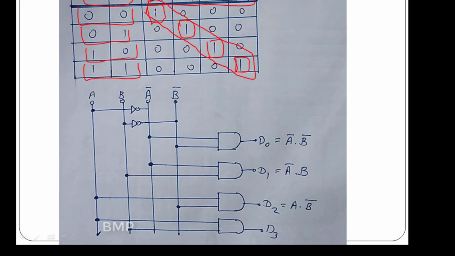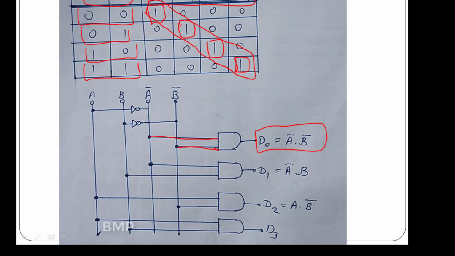Based on this truth table, we can write the logical equations. For the first instance, D0, the logical equation will be A bar dot B bar, as both the inputs are 0. So D0 is connected to A bar and B bar.